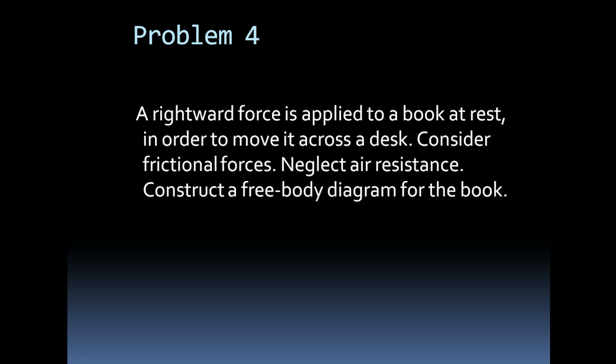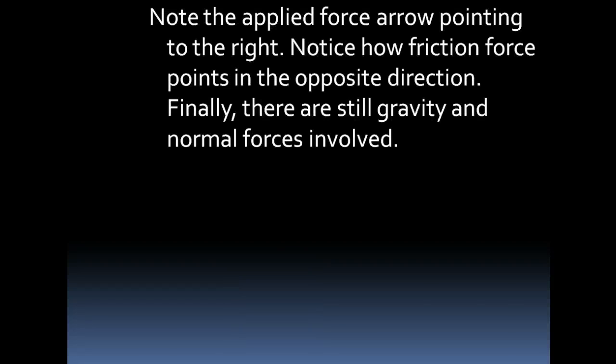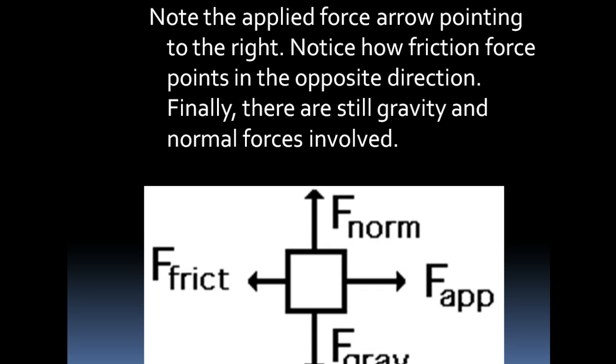Problem number 4. A rightward force is applied to a book at rest in order to move it across the desk. Consider frictional forces, neglect air resistance, construct a free body diagram. So we have the force of gravity acting downward. We have the normal force opposing it, so the book doesn't fall through the desk.